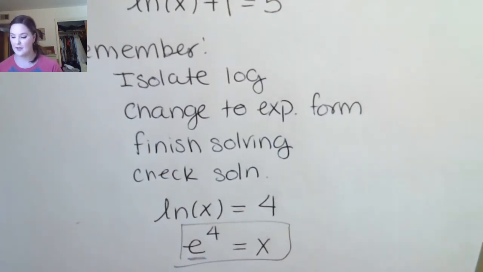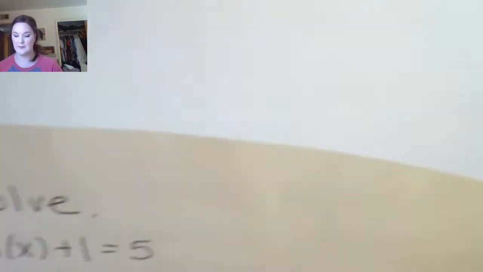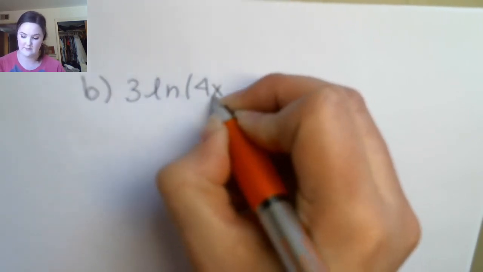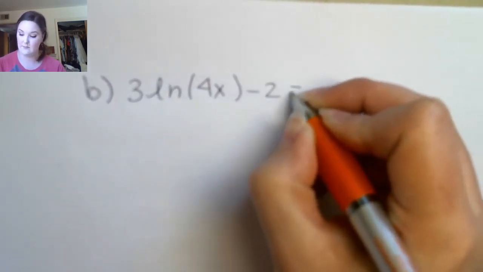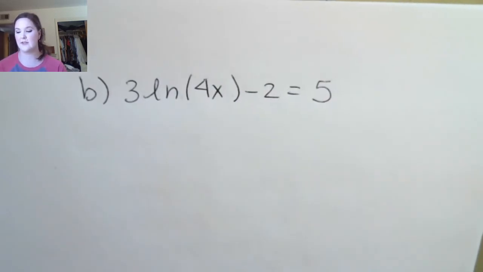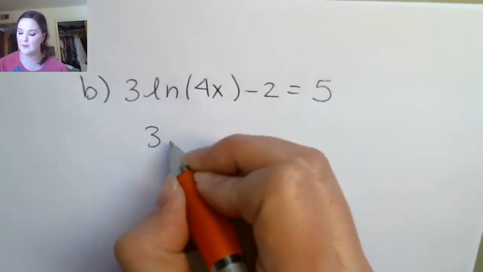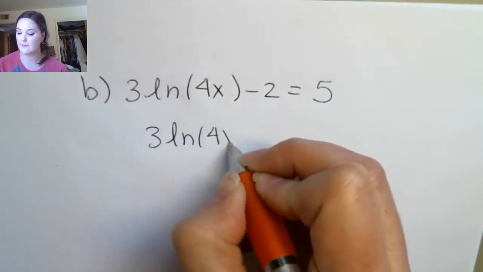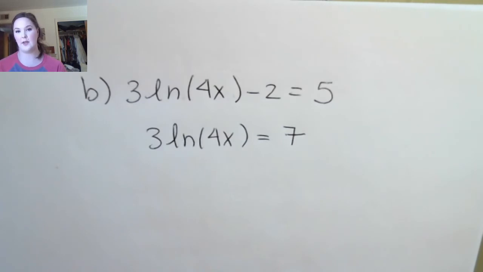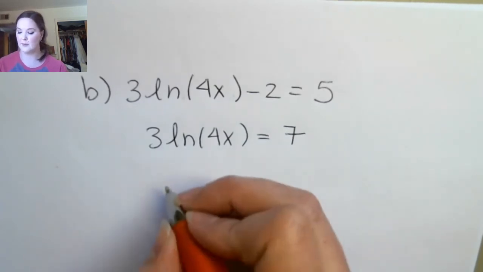Okay, so let's look at another one of these problems. So again, I'm going to start by isolating the log. So I'm going to add 2 to both sides. Okay, then I'm going to divide both sides by 3.